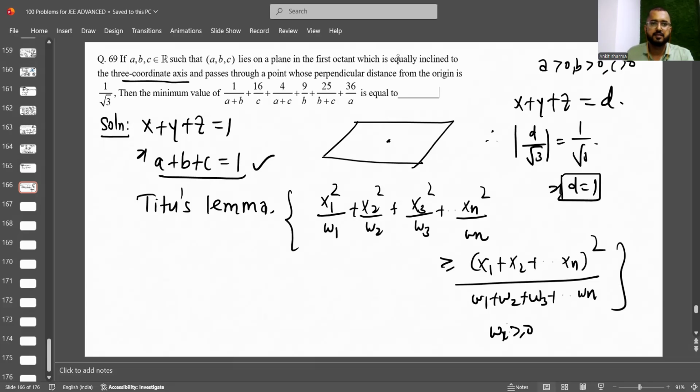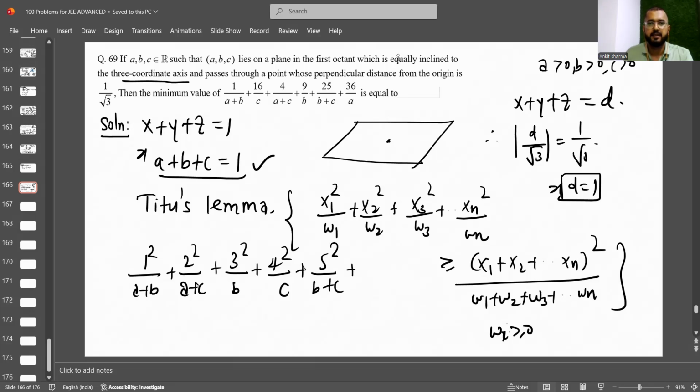So in this case, this is basically 1 square over a plus b, plus 2 square over a plus c, plus 3 square over b, plus 4 square over c, plus 5 square over b plus c, plus 6 square over a.